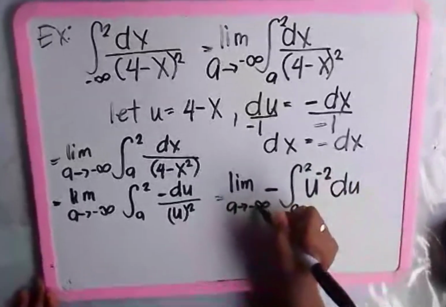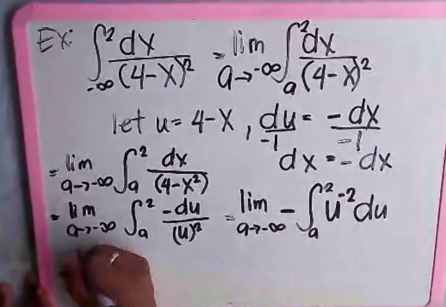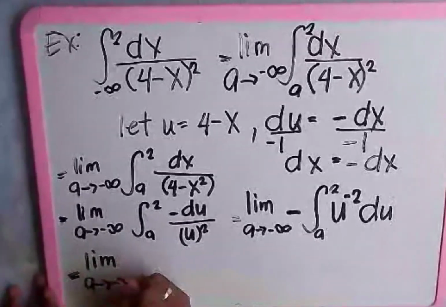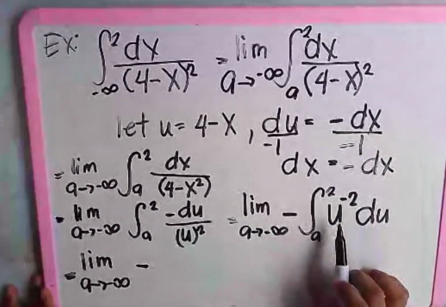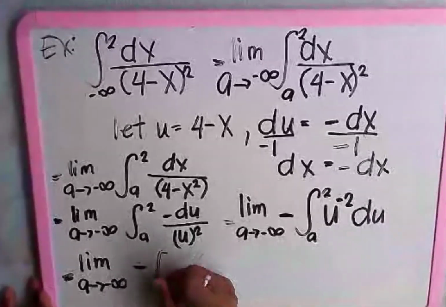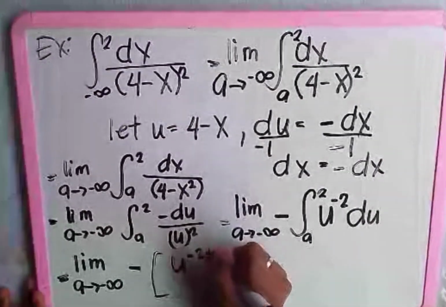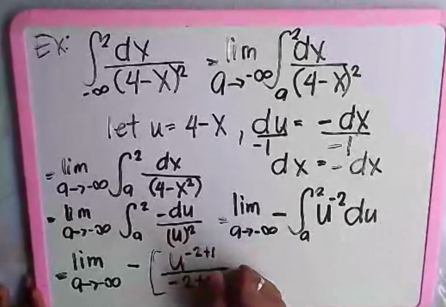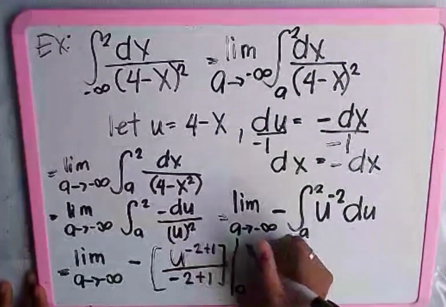negative infinity. So, we have the limit as a approaches negative infinity, negative, the integration of u raised to negative 2 is equal to u raised to negative 2 plus 1 all over negative 2 plus 1, from a to 2.